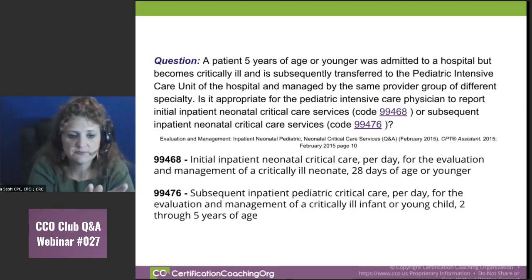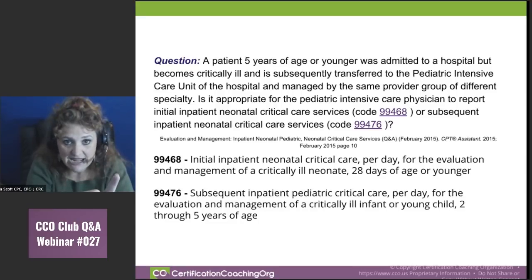So there are the codes. You've got 99468, initial inpatient neonatal critical care, per day, for evaluation and management of a critically ill neonate, 28 days of age or younger.